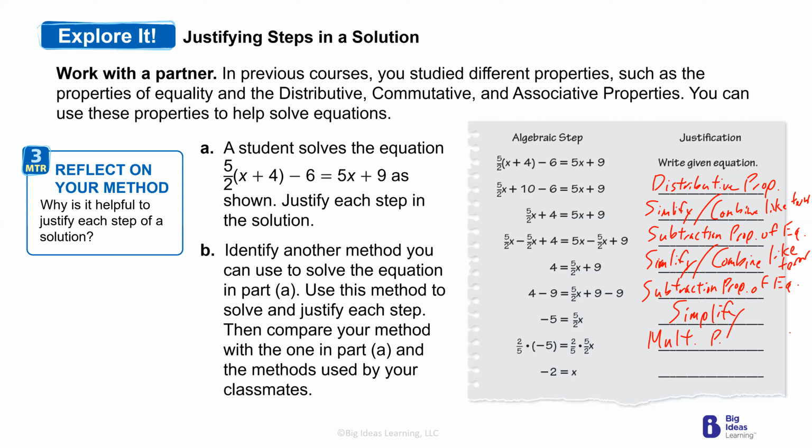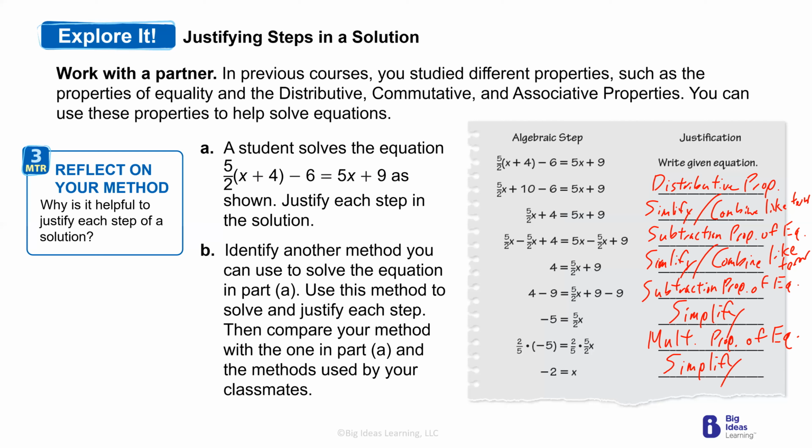Again, you could have gone either way because whether you divide by the 5/2 or you multiply by its reciprocal, it's the same thing. So then for the last part, again, we simplify. Any questions there?